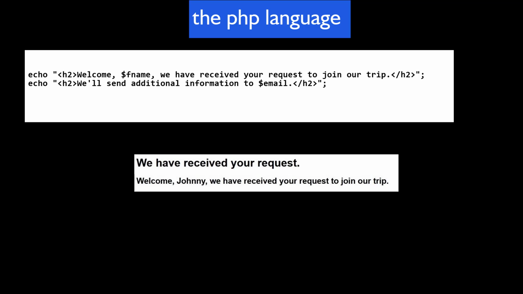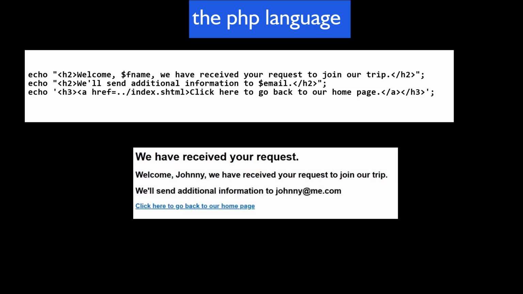So we can also add this line, echo H3 start tag A, href equal ../index.shtml greater than. Click here to go back to our home page, end A tag, end H3 tag. So now the user would see this, which demonstrates to the user that you got their information correct and you've provided a what's next path for them.